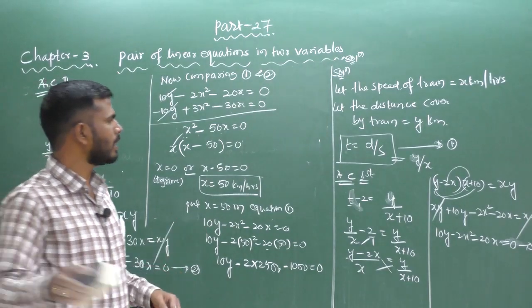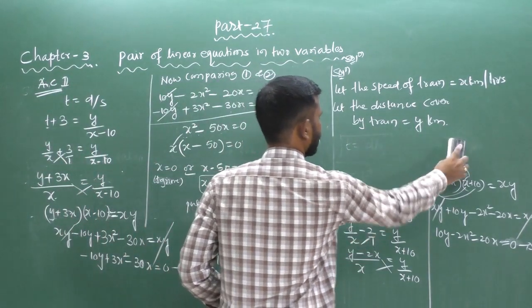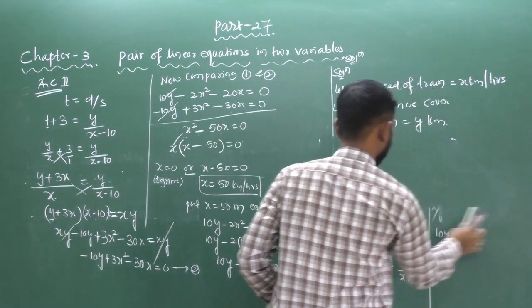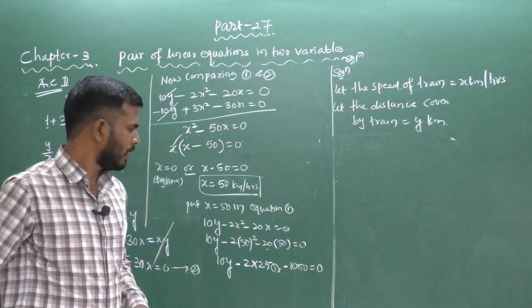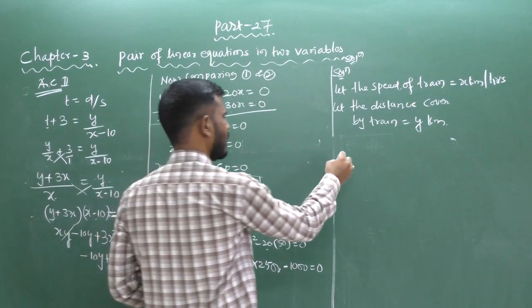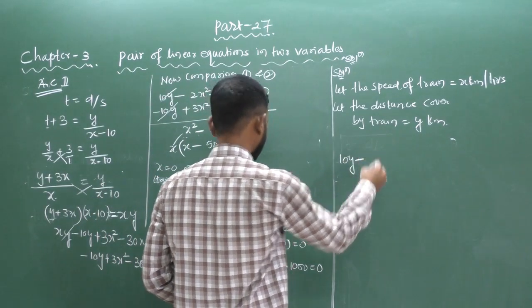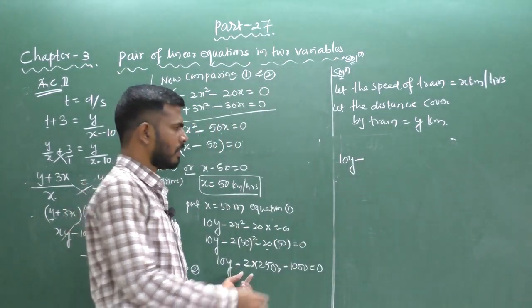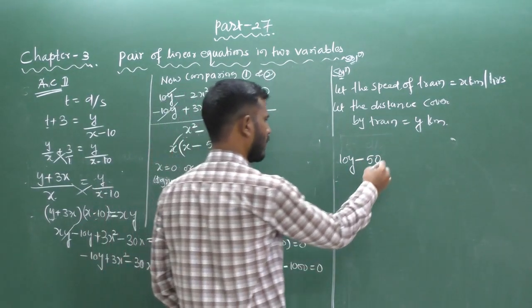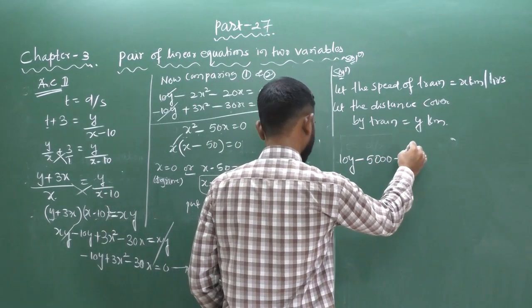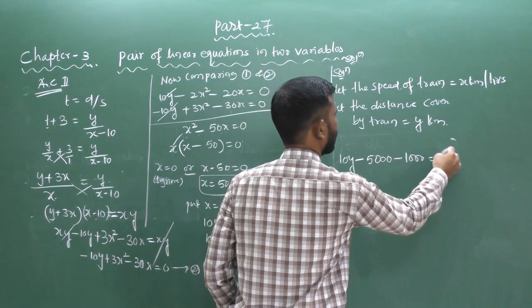Next step, I am writing here: 10y as it is, minus 5000 minus 1000 equal to 0.